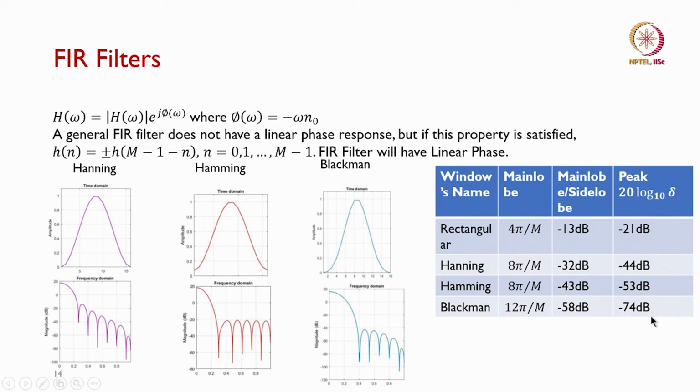And then we said that the main lobe is the smallest for the rectangular window, Blackman has the next lowest, and it will be the same for both Hanning and Hamming.